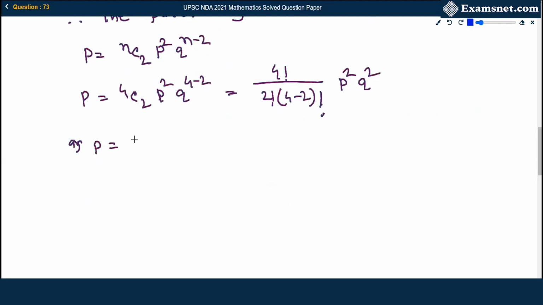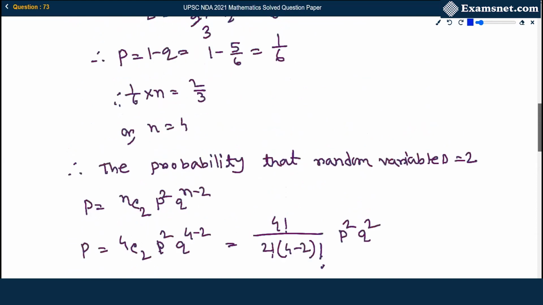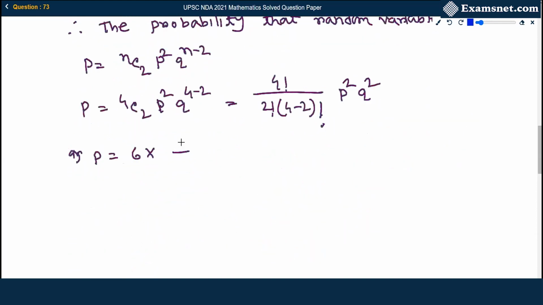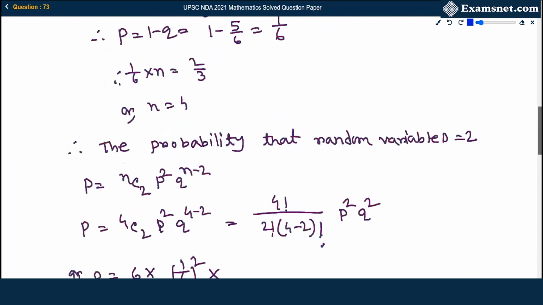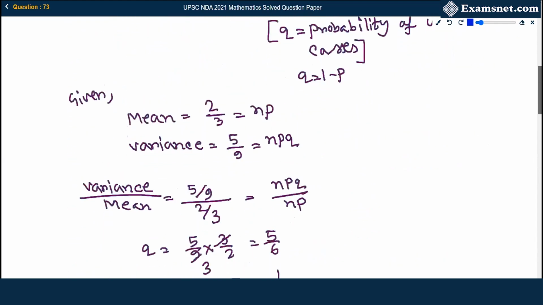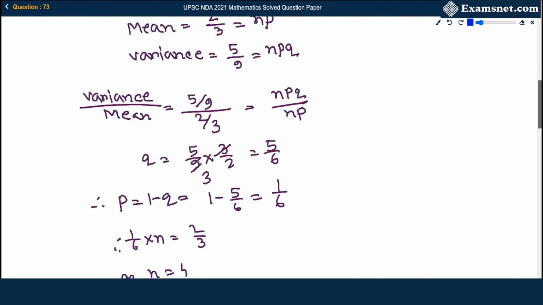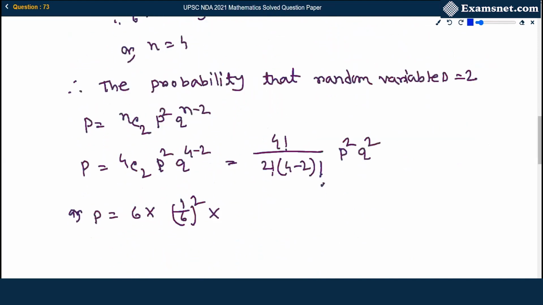The value for P is 1/6 whole square, and the value for Q is 5/6 whole square. So we got 6 multiplied by 1/36, 25/36.